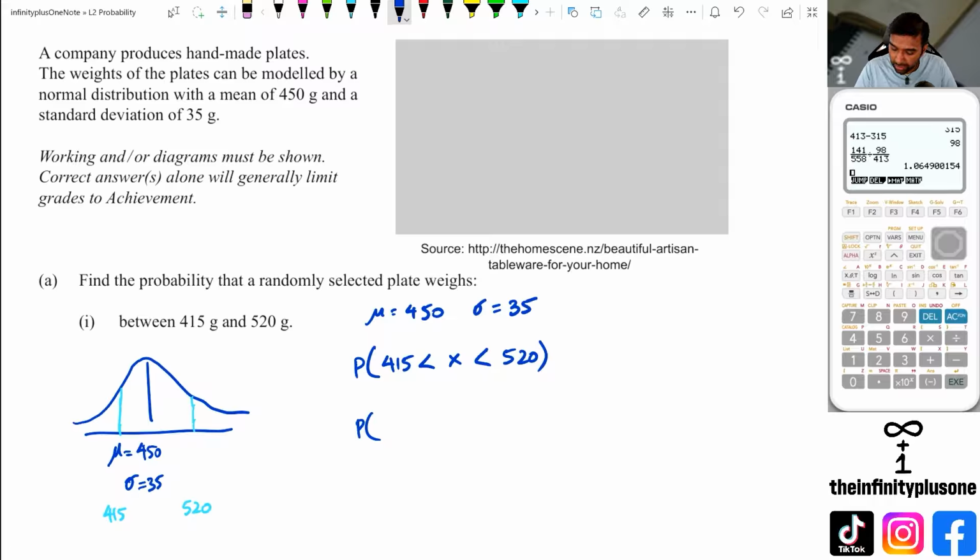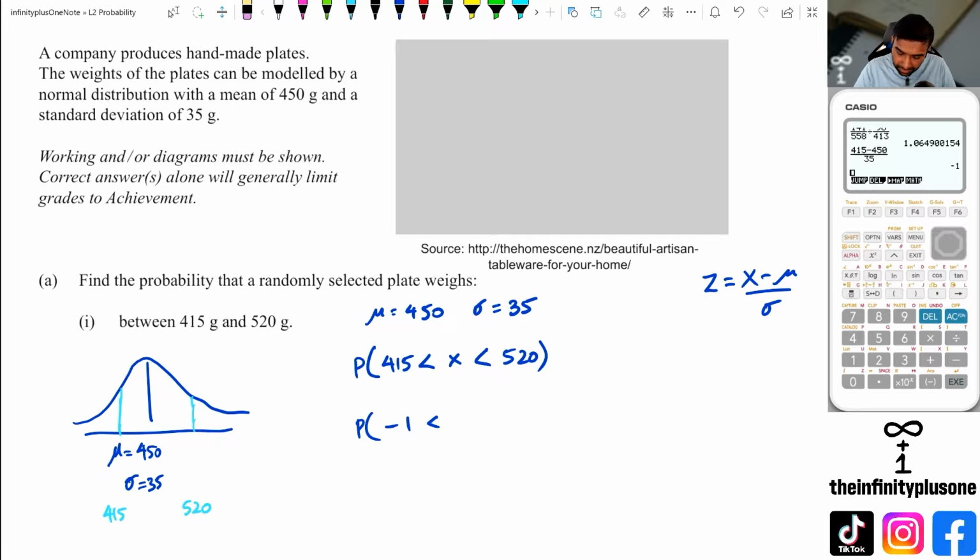To do this manually, remember that Z is equal to (X minus mean) over standard deviation. In the calculator, I'm going to do the first part, and after that I'm going to do it straight in the calculator. So I've got a fraction. I'm going to do 415 take away 450 divided by 35. So this gives me -1.